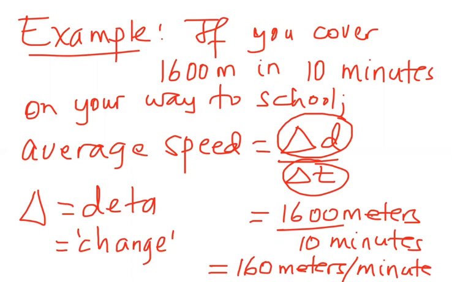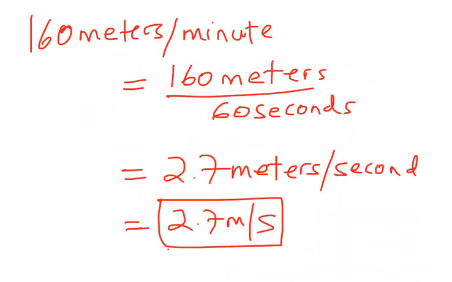We're going to use this symbol a lot as a shorthand for distance covered or change in distance. So change in distance divided by change in time. Distance has changed by 1600 meters and the time has been 10 minutes. You divide that, you get 160 meters per minute. It might be worthwhile to convert this.